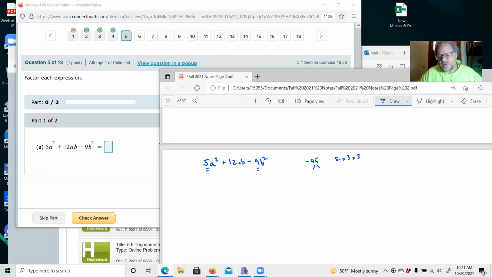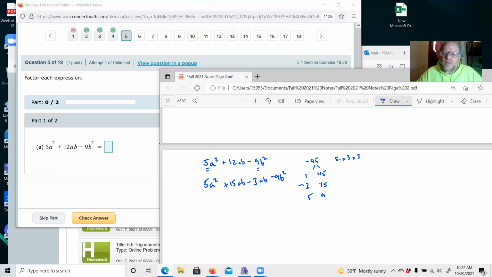So we have 1 and 45, 3 and 15, wait, that's a 12, right? We have 5 and 9. That's it. So if we do 5a squared plus 15ab minus 3ab, 15 and 3, positive 12. So we want to make 15 the positive and 3 the negative, minus 9b squared.